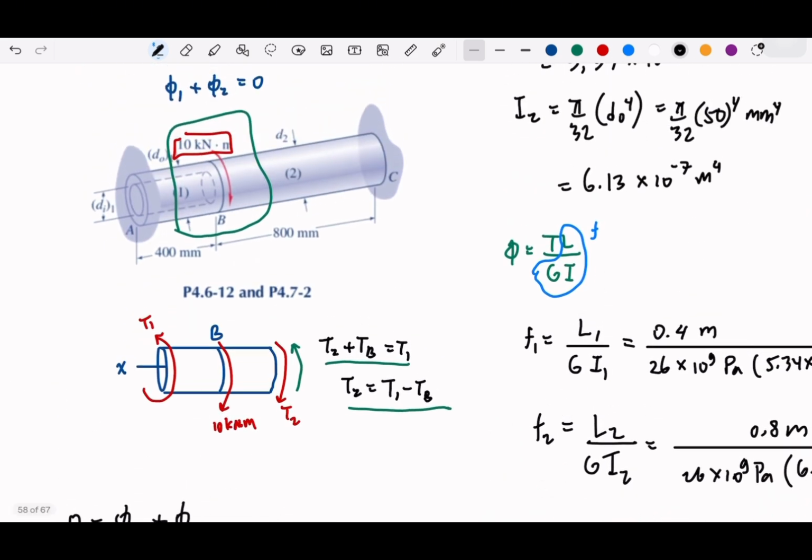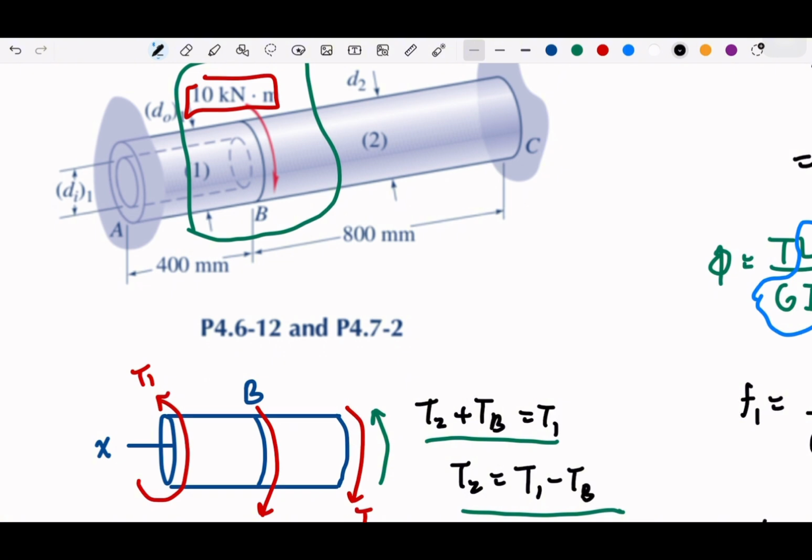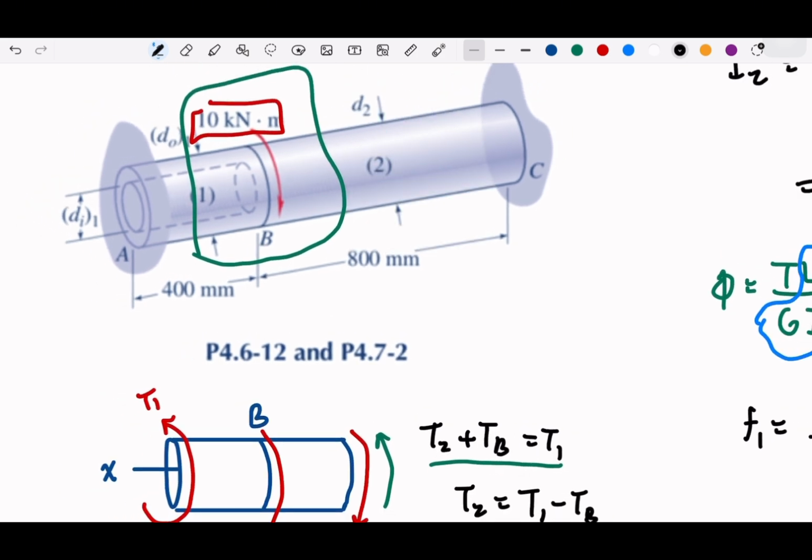Because here if we look, if we cut on the element 2, this 2 will be equal.